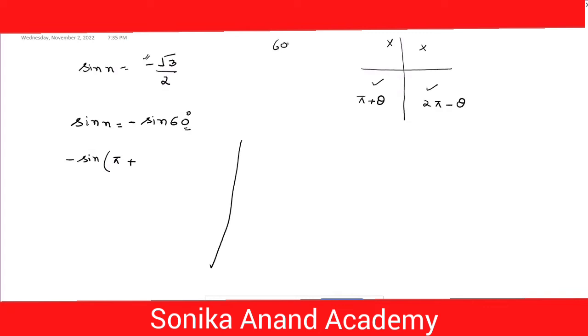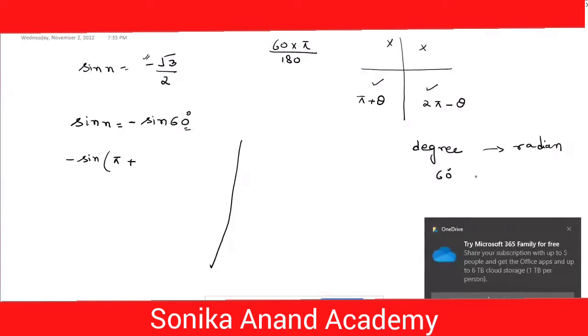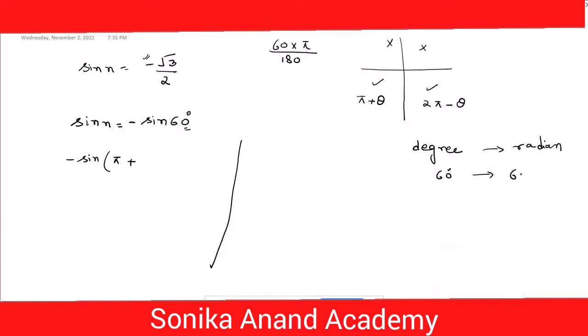How will you convert? Pi by 180. Listen, when we have to convert degrees to radians, that means 60 degrees to radians, so it is 60 into pi by 180, then you cancel.